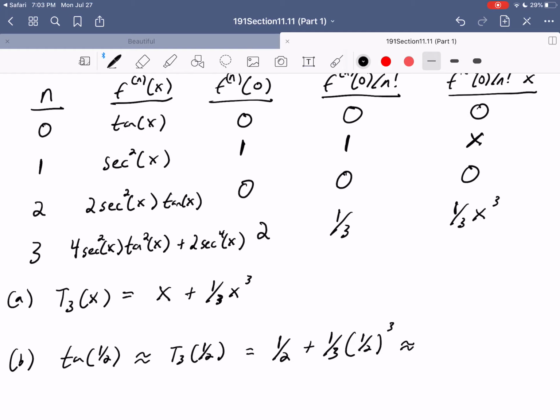That should come out as about 0.542. So tangent of 1/2 should be roughly 0.542. If you check that by typing in tangent of 1/2 on your calculator, you will see you get about 0.546. So it's not a perfect estimate, but it's pretty decent for the fact that we did this with only 2 terms. And again, this would be a relatively easy calculation to at least get a rough estimate of what tangent of 1/2 would be.